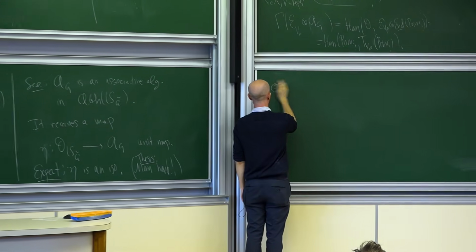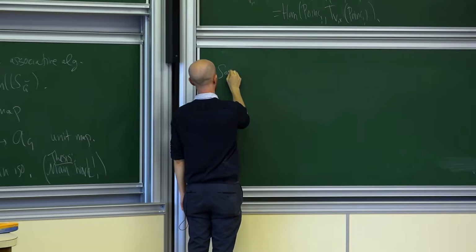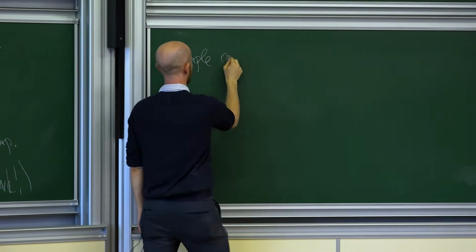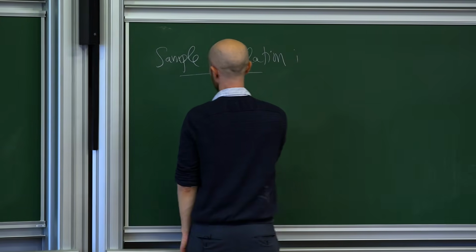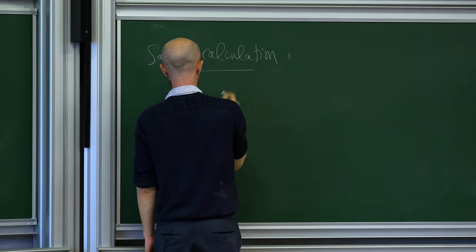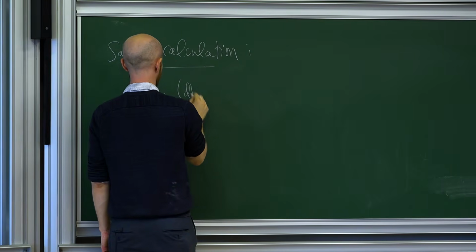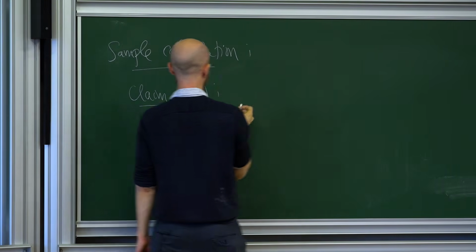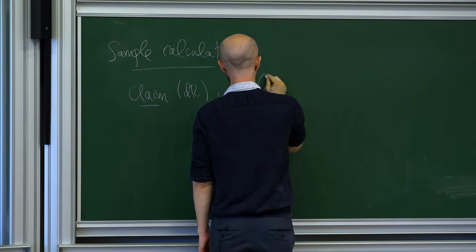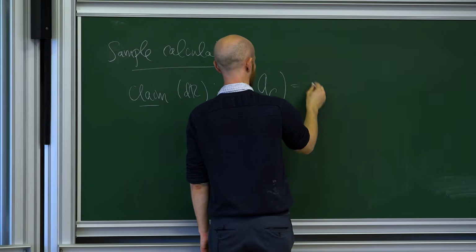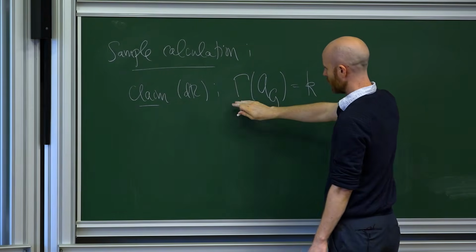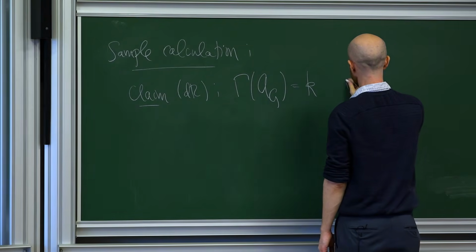So let me do a sample calculation. What I want to claim, and this is really in the de Rham setting, is that the global sections of this A_G are just scalars. For me, global sections is always RΓ.